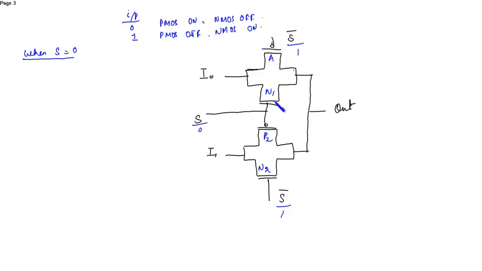So when S is 0, you can say there is a reverse condition. So P1 and N1 will turn off. That means the transmission gate 1 is inactive.